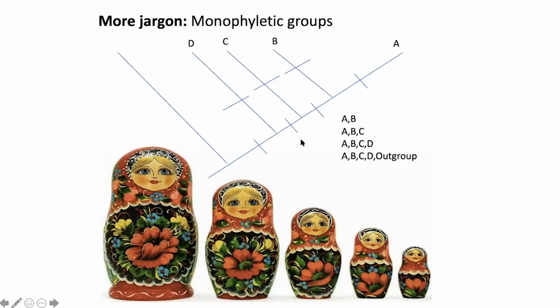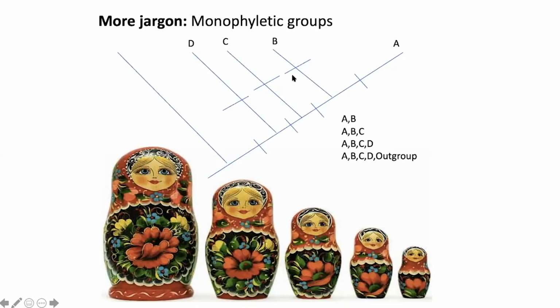So what's not a monophyletic group? Well, say I grouped taxa C with taxa A. If I did that, here's their common ancestor, but that group didn't include B. That would mean it's not actually a monophyletic group because we don't have all of the descendants from this common ancestor included in the group.